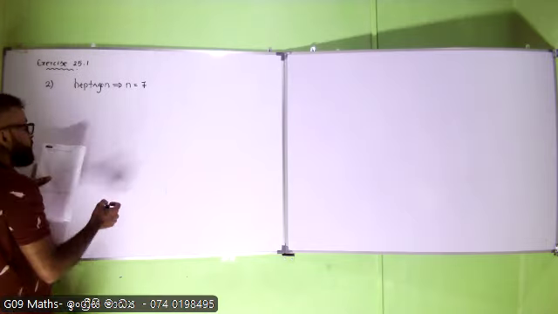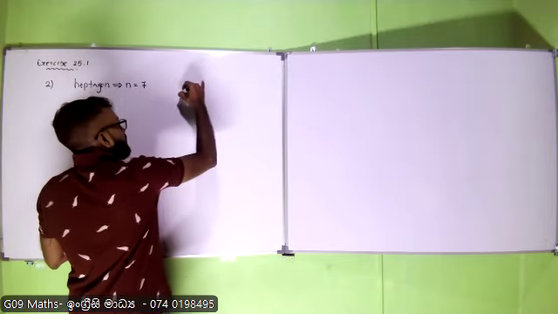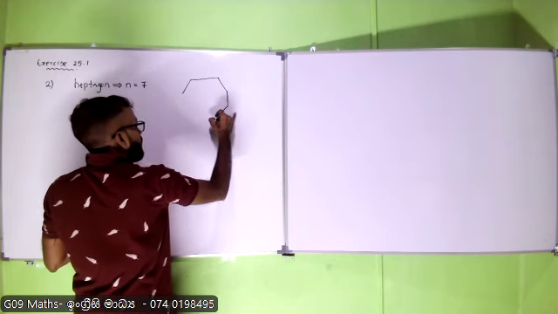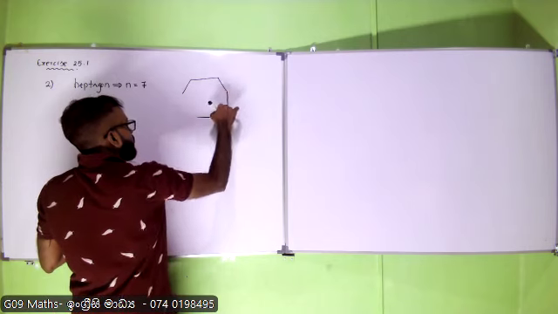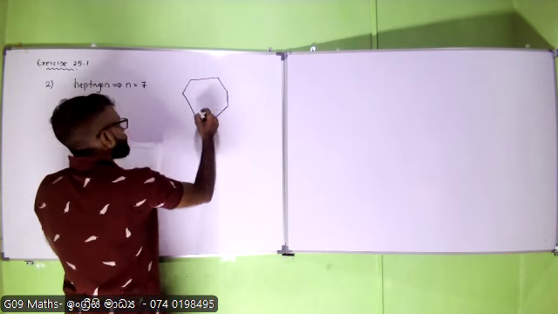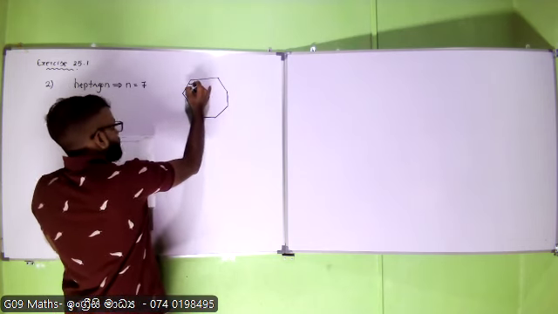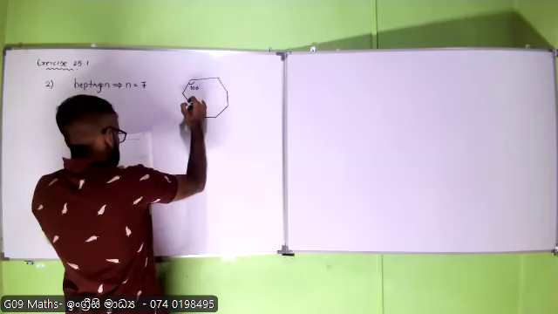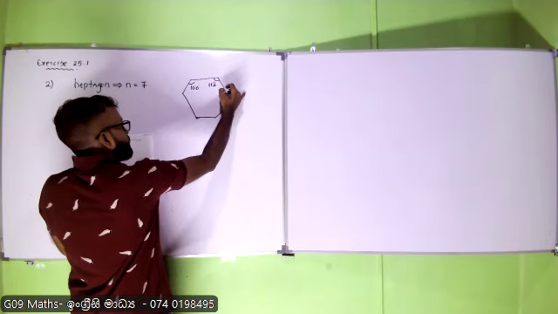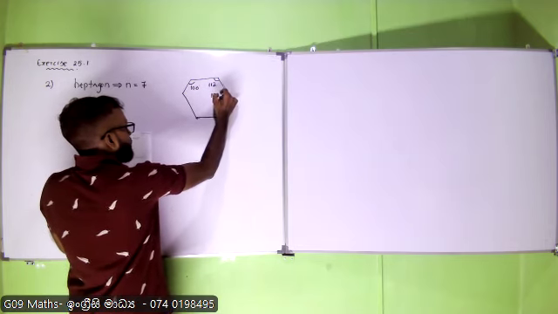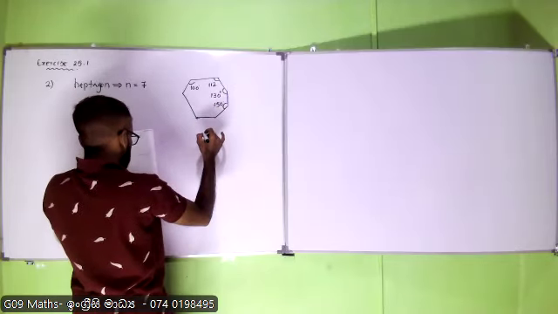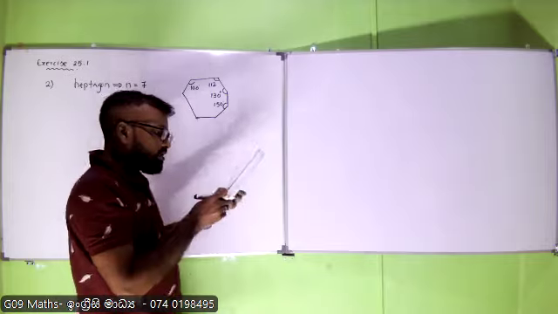Then I will draw a heptagon something like this. 1, 2, 3, 4, 5, 6, 7. Now they have given this angle 100 degrees, this angle 112 degrees, this one 130, and this one 150. The remaining angles are equal.